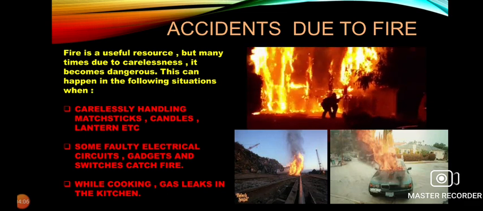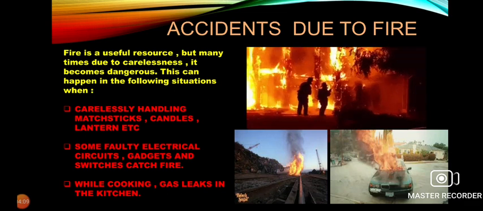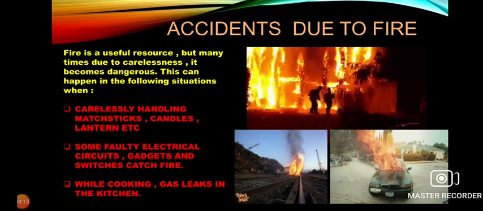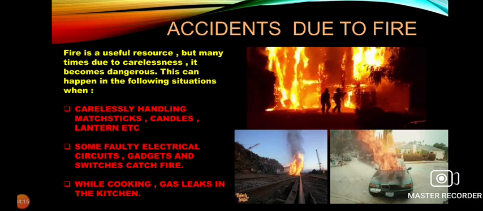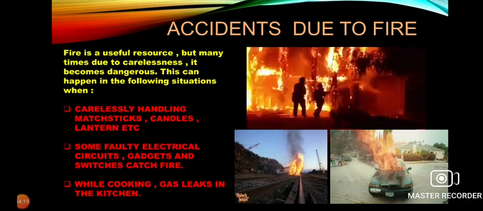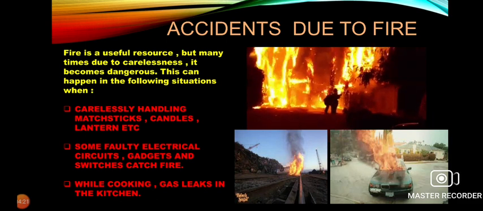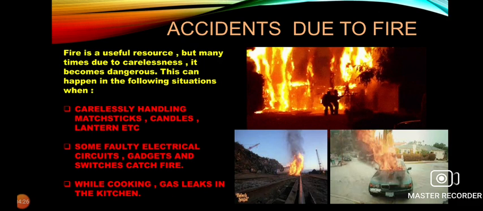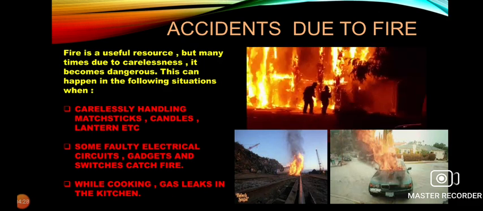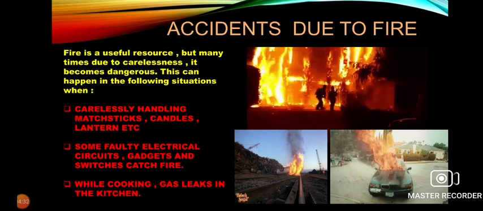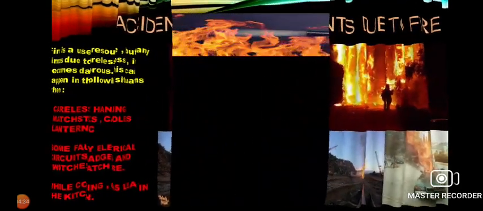All other appliances we use for cooking have to be maintained and kept very judiciously. This is very important. But sometimes, due to overuse or our casual nature, we leave them just like that, which ultimately can cause a major accident. Okay, so these are the causes of accidents.